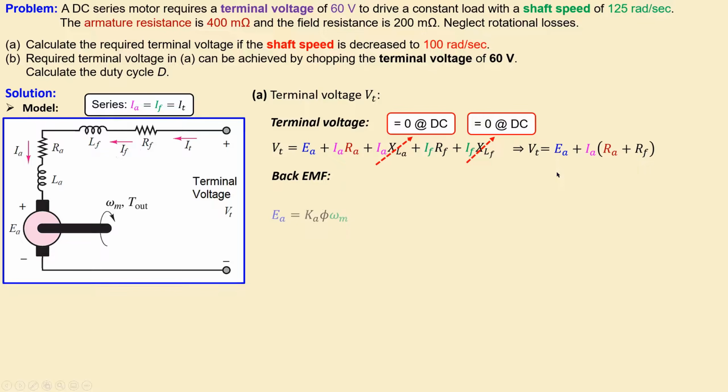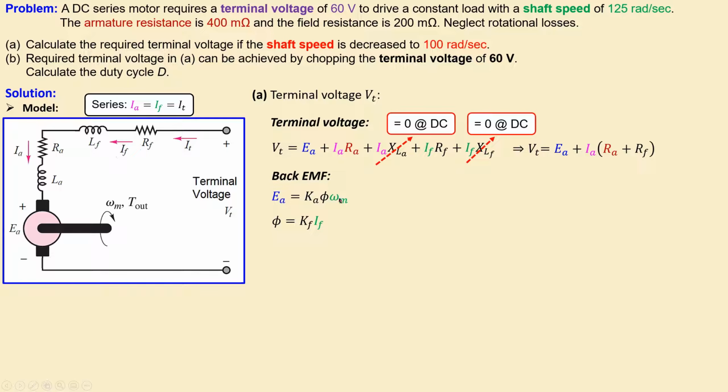Let's also look at the back EMF. Back EMF is given by this expression, the motor constant times the shaft speed. The motor constant is a product of two constants: the armature constant K_a and the flux, but the flux is related to the field current by another constant K_f.